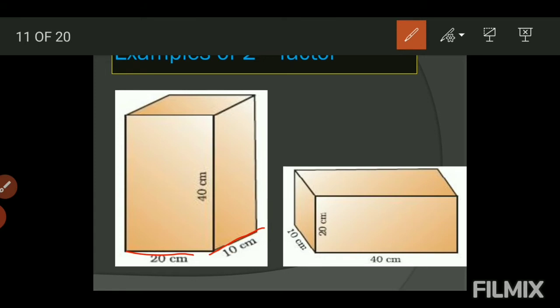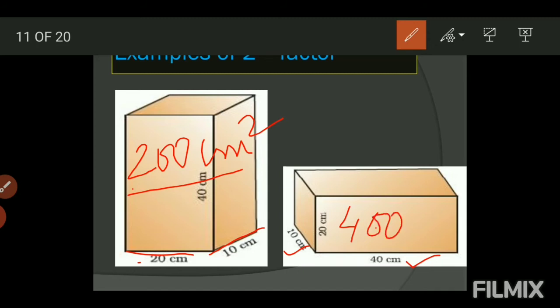Now you can see here, when the breadth is in contact, that is 20 centimeter into 10 centimeter, you will get the surface area as 20 into 10, that gives you 200 centimeter square. So the surface area comes 200 centimeter square. Now could you understand what surface am I talking about? The surface which is in contact with is 200 centimeter square.